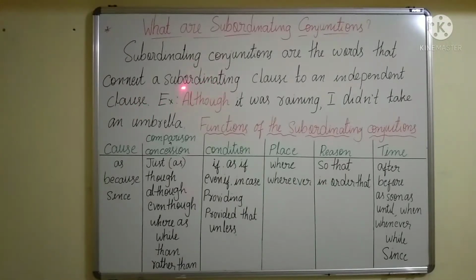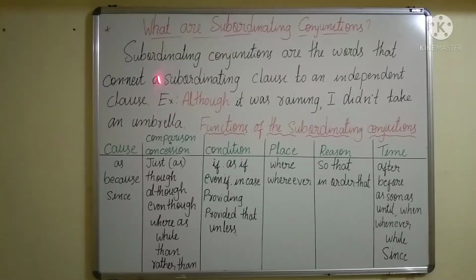So what is meant by subordinating clause and independent clause? A subordinating clause is also called a dependent clause, whereas the independent clause is also called the main clause.